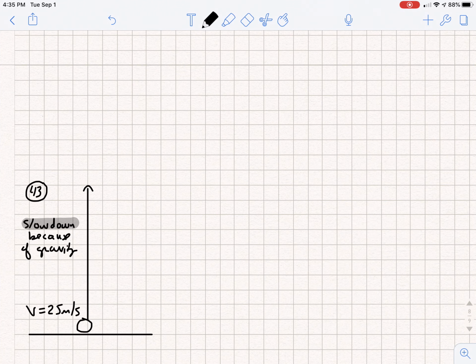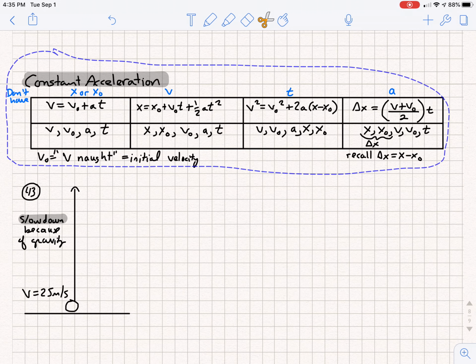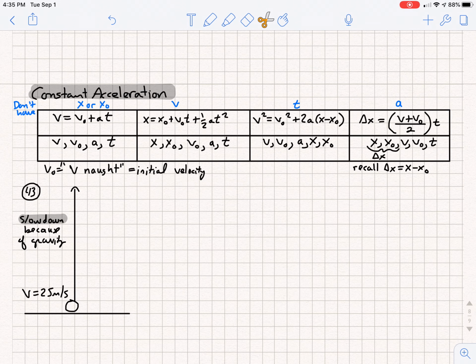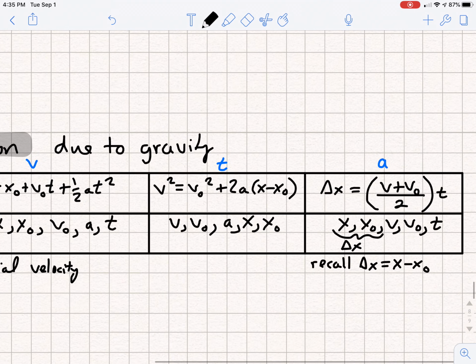It's going to be moving in a particular direction, but slowing down as it does so. So this is an example of a constant acceleration problem. But here's the difference. This is a constant acceleration due to gravity, otherwise known as free fall acceleration.